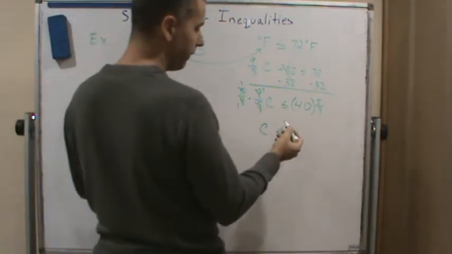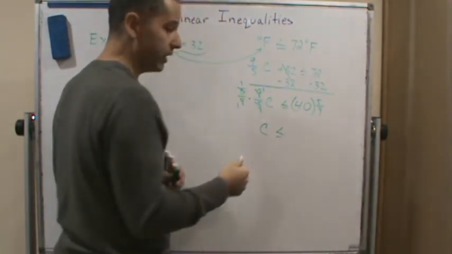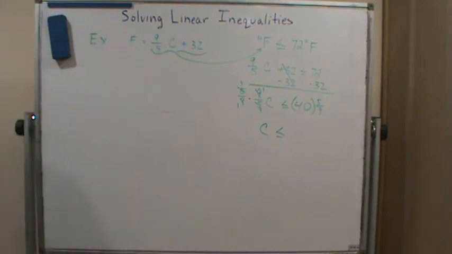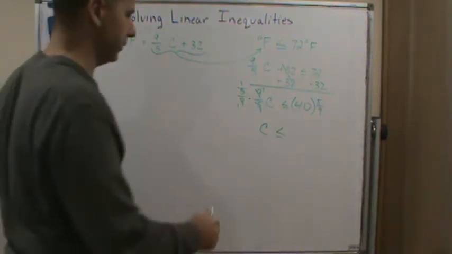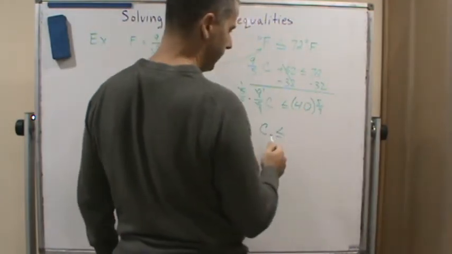So 200 divided by 9, and we want to go to the nearest hundredth of a degree. We're going to see what this turns out to be.